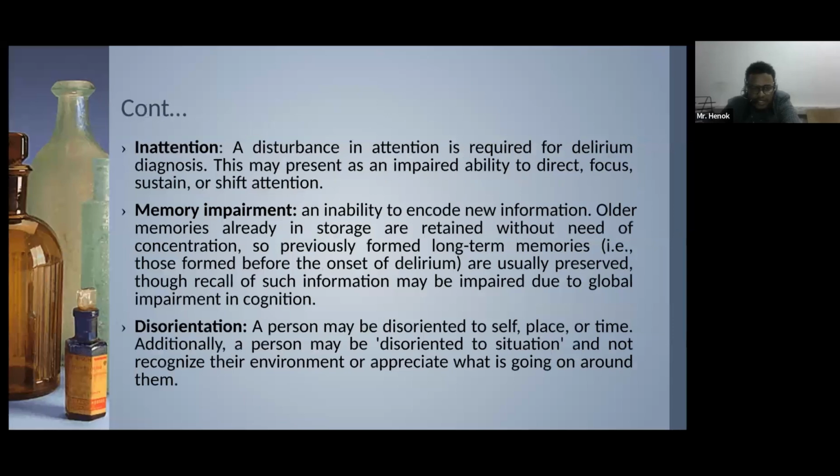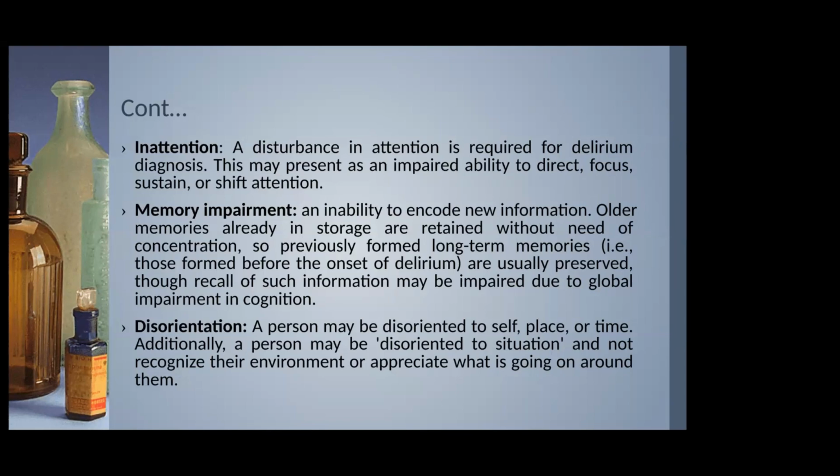The second one is memory impairment. Okay, so there is a memory impairment in delirium. That is an inability to encode new information. We call that anterograde amnesia. So they have difficulty establishing new memory. By this we mean that the memories that are created before the onset of the delirium are usually preserved, okay.